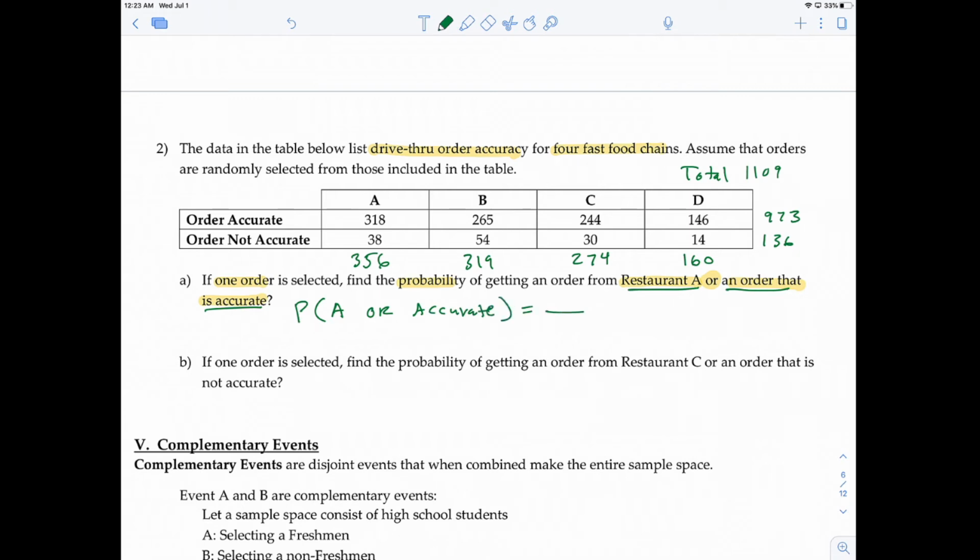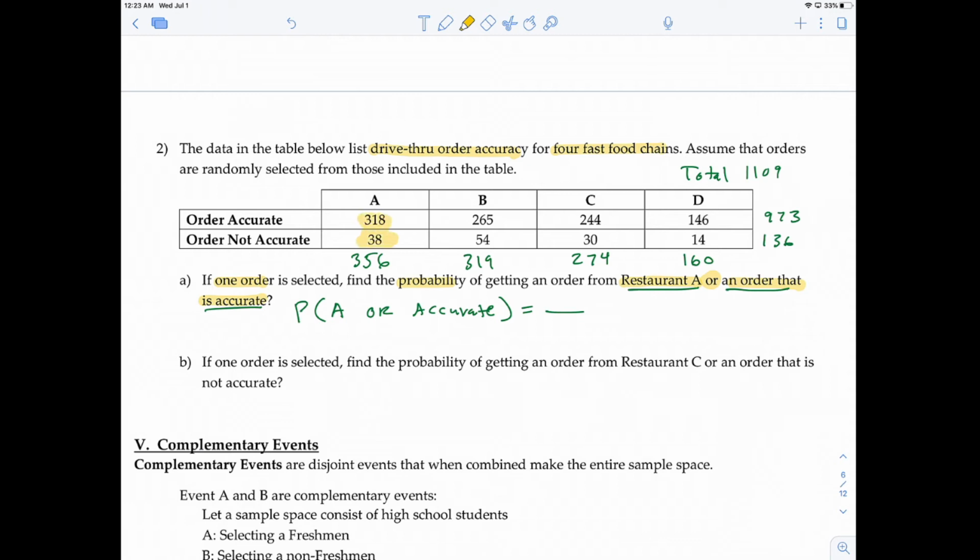So again, we can take a look at this and just ask ourselves, well, how many different ways can we get an order that is from A or accurate, right? So without using the addition rule, we would just take a look at the restaurant A here.